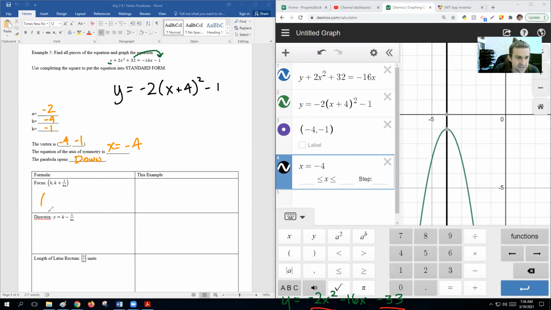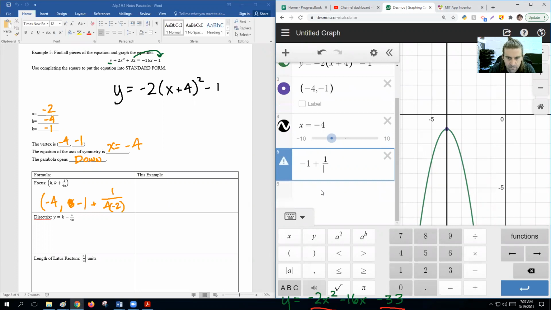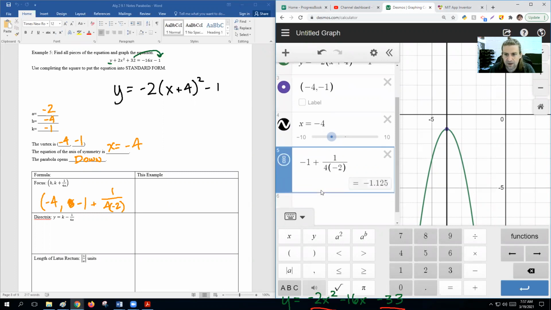All right, well, the focus is at the point negative 4, and then k, which is negative 1, plus 1 over 4 times A. A is negative 2. So maybe just off to the side here, what's negative 1 plus 1 divided by 4 times negative 2? That's negative 1.125.